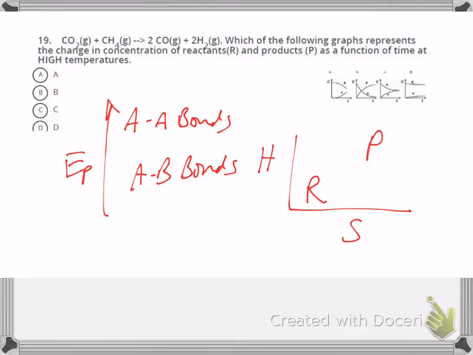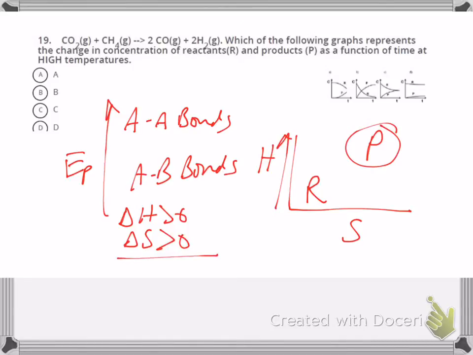They also have higher entropy because there are 4 molecules of gas in the products instead of 2 molecules of gas in the reactants. So as temperature goes up, we expect products to be favored. If we're product favored, then we would expect B, which is that we're making more products than reactants at some time, T, when equilibrium is established.